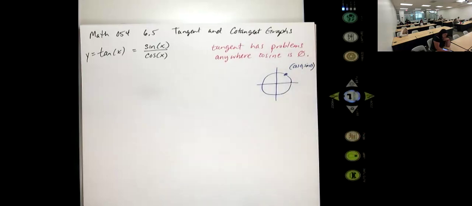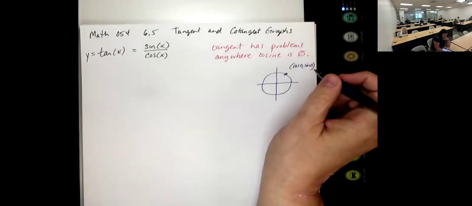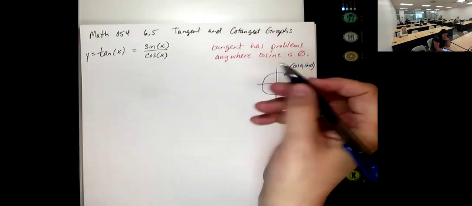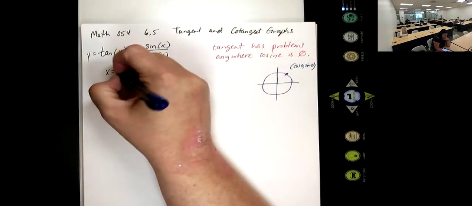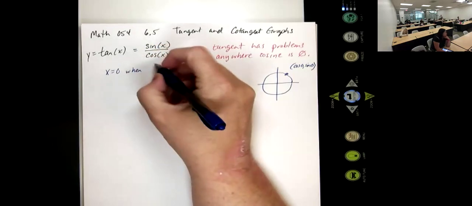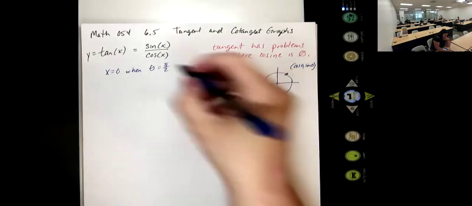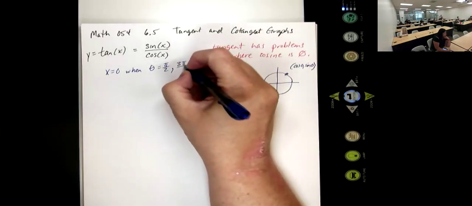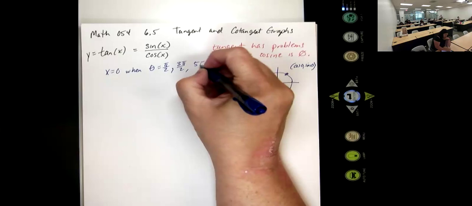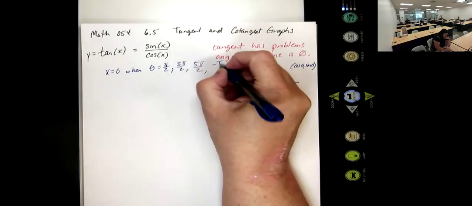So we're looking at the x value. When is x equals 0? Along the y-axis, so x equals 0 when theta equals pi over 2, 3 pi over 2, 5 pi over 2. We can do negative going the other direction, negative pi over 2.